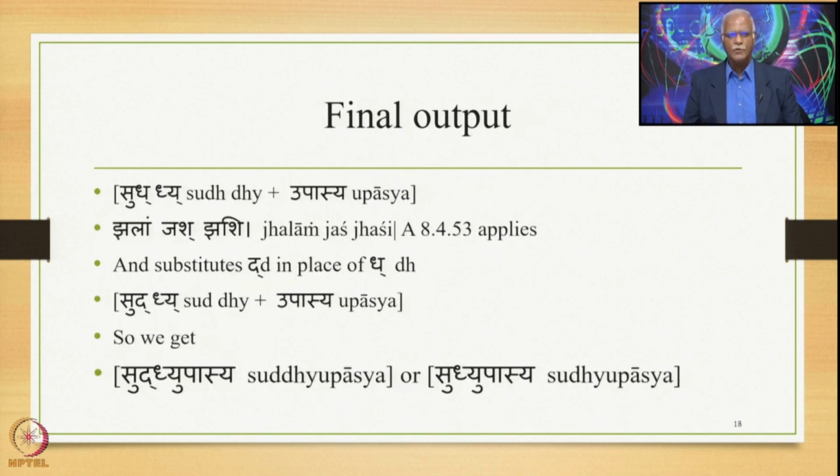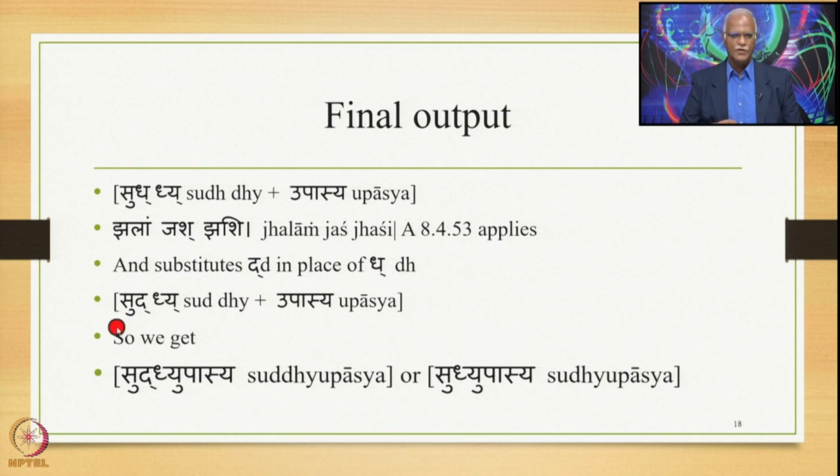And the final output would be su, dha, dhya upasya. This would be the intermediary stage that is derived. Now jhalam jash jhashi 8453 applies over here and substitutes the d in place of the first dha.